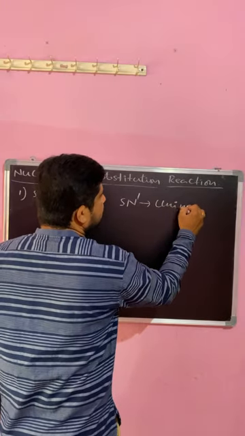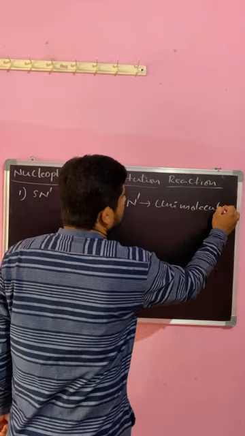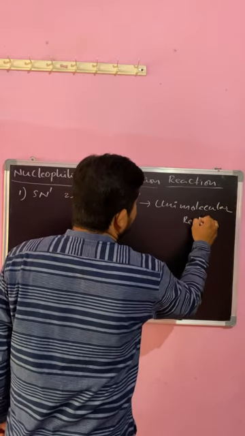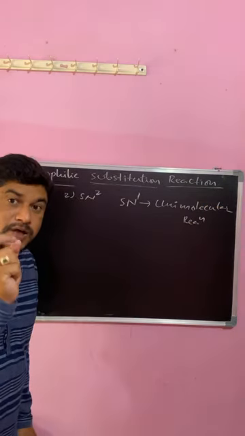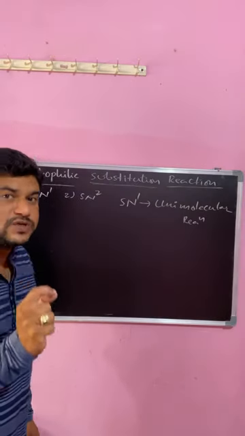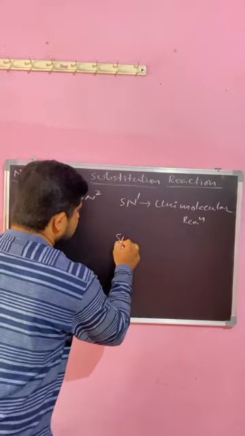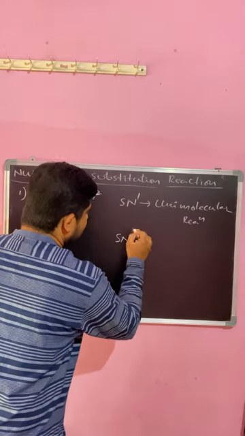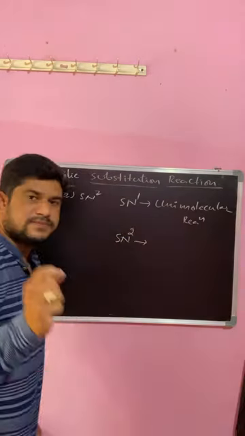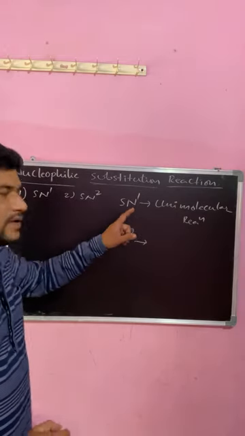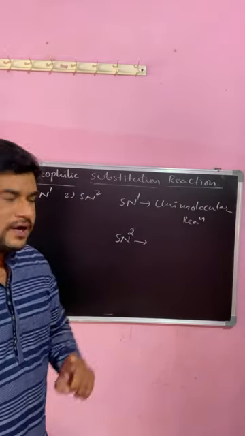SN1 means unimolecular reaction. Substitution nucleophilic unimolecular reaction means the rate of reaction will depend upon only one substrate molecule. That's why it is called a unimolecular reaction.